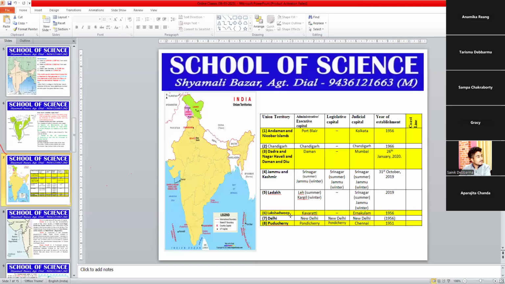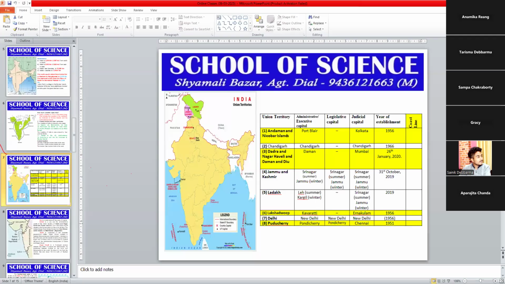Lakshadweep. What is the capital of Lakshadweep? It is Kavaratti. Delhi, the administrative or executive capital is New Delhi. I will let you know about Delhi becoming the National Capital Territory of India.